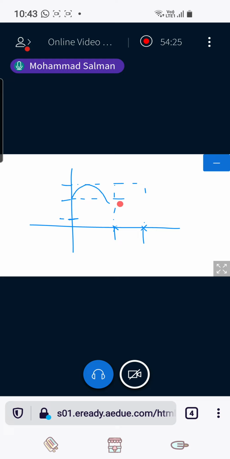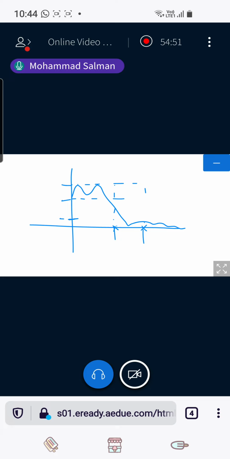And accordingly design your filter to get something like this, for example. Clear? So this is our target. I put my constraints: the value of omega P, omega S, delta P, and delta S, and accordingly I design my filter.